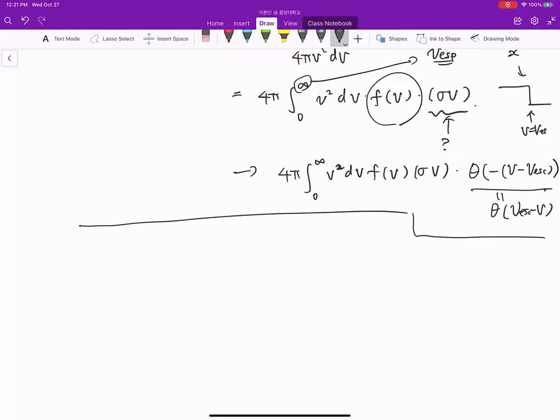Is there any reason why sigma v is isotropic under v?